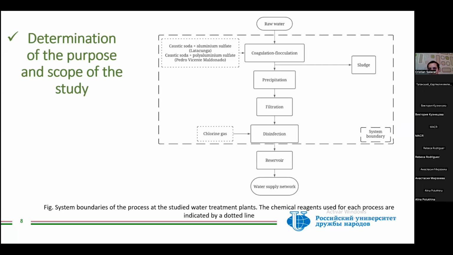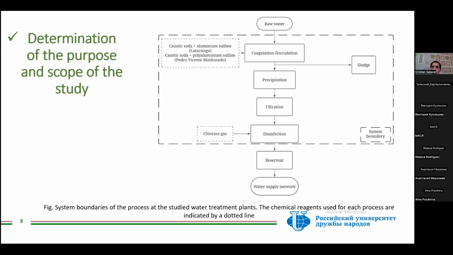The figure shows the purification processes carried out at the Latacunga and Pedro Vicente Maldonado water treatment plants. During the purification, the flow of water from the catchment area into the water supply network is by gravity, so there is no energy consumption during the precipitation and filtration.